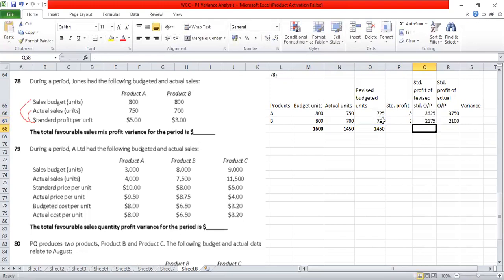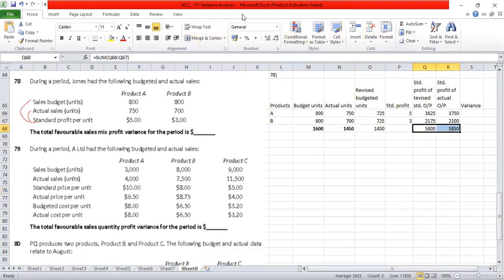That's the mistake I made. Now check out the variances. Now it is a favorable one, because the actual profit is more than the standard profit.